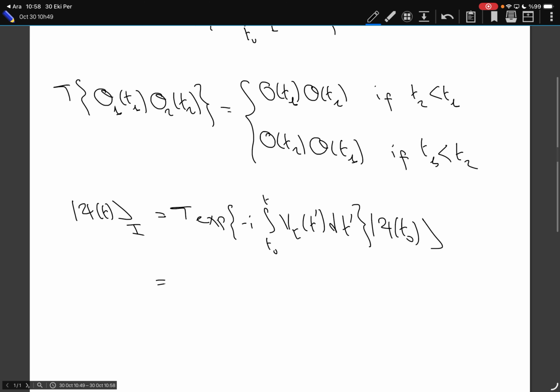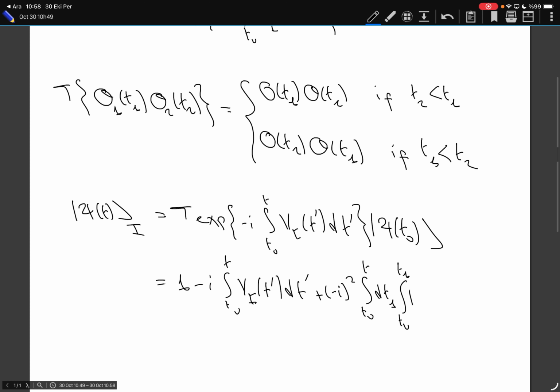This will be 1 minus i integral from t0 to t, plus minus i squared integral from t0 to t dt1, integral from t0 to t1 dt2, V_I of t1 V_I of t2, acting on our state psi t0.